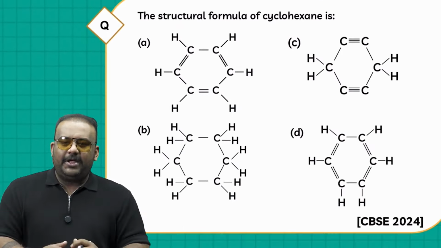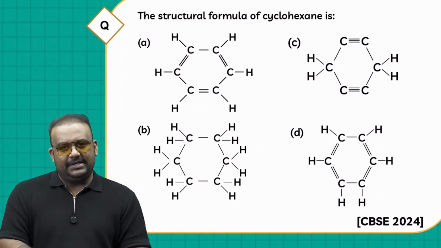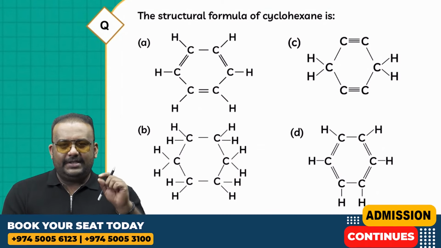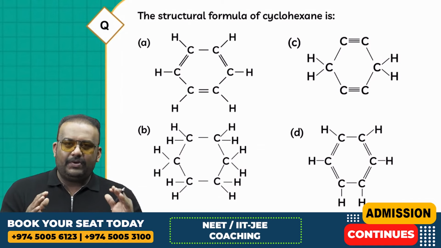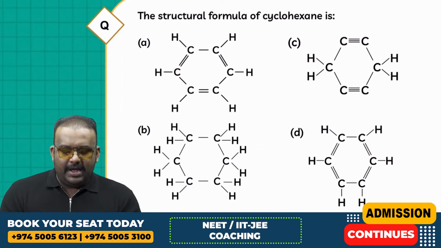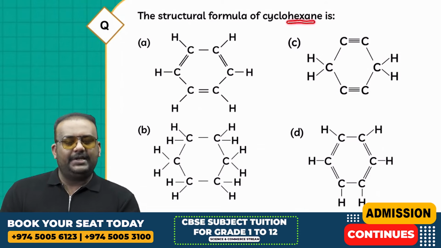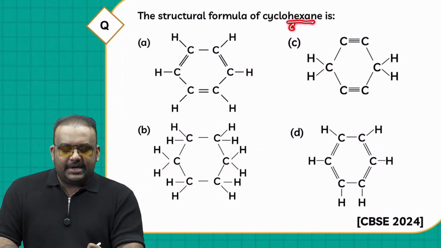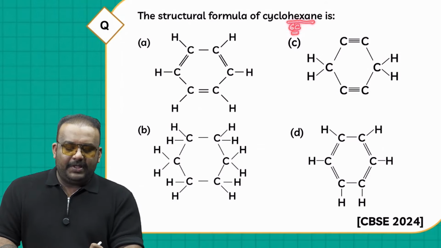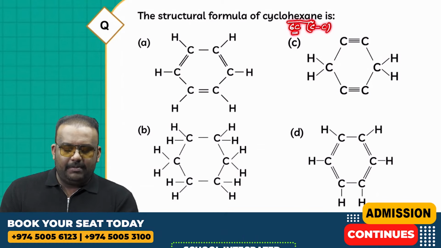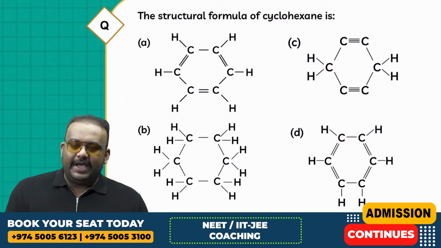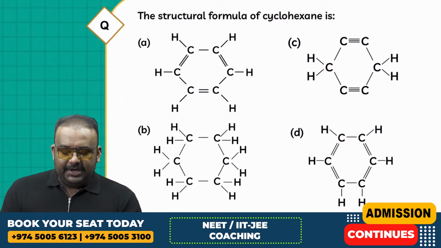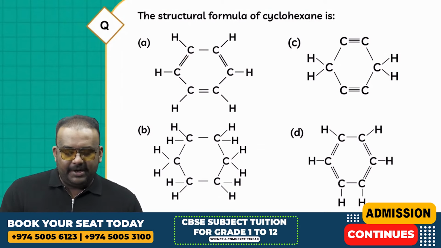The structural formula of cyclohexane is, as the name suggests, cyclo, which means it will be a closed ring-shaped compound, and hexane stands for a 6 carbon containing compound with only carbon-carbon single bonds. So for the structural formula of cyclohexane, you can see in option A, there is a double bond between carbon and carbon.